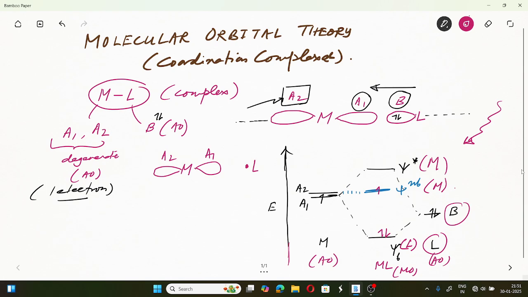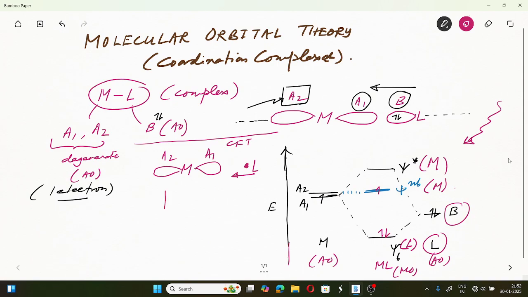So what will happen when this point charge or point dipole approaches the metal center? It will interact with A1 to a greater extent.